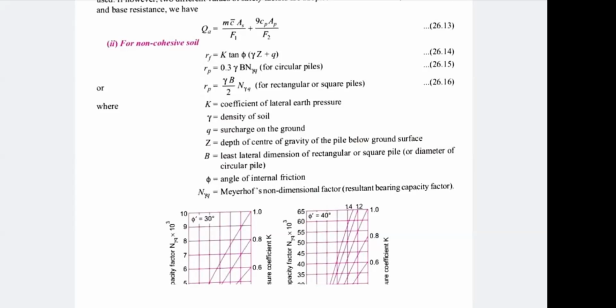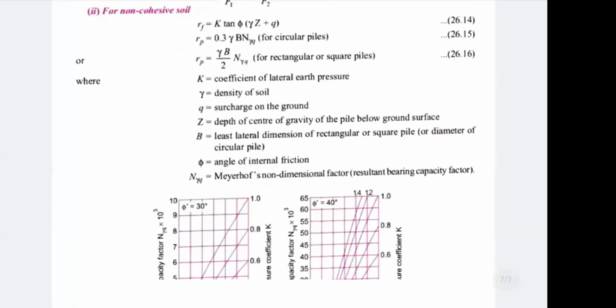Z is the depth of center of gravity of the pile below the ground surface, and B is nothing but the least lateral dimension of rectangular or square pile, or the diameter of a circular pile. Phi is the angle of internal friction, and N gamma is the non-dimensional factor resulting from the bearing capacity.